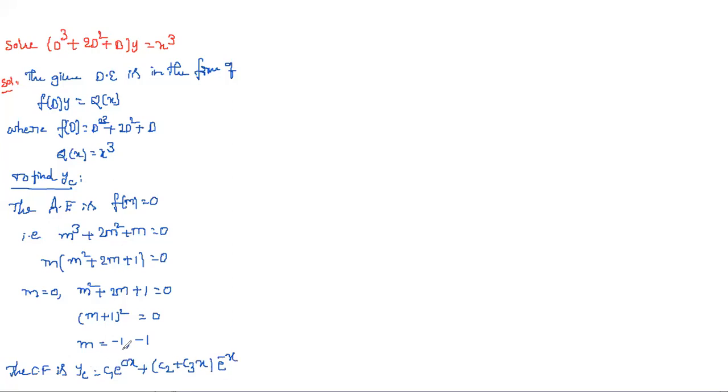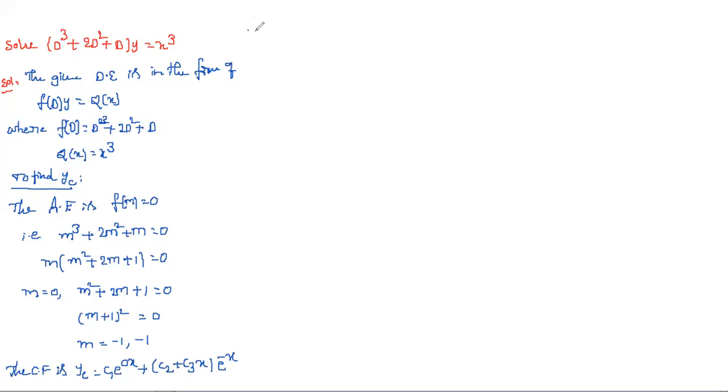Or if you want, you can write (c1 + c2x) e^(-x) + c3 e^(0x), where c1, c2 and c3 are arbitrary constants. This is the complementary function, or we can say the general solution, because it has 3 arbitrary constants, which is equal to the order of the differential equation. Now we need to find the particular integral.